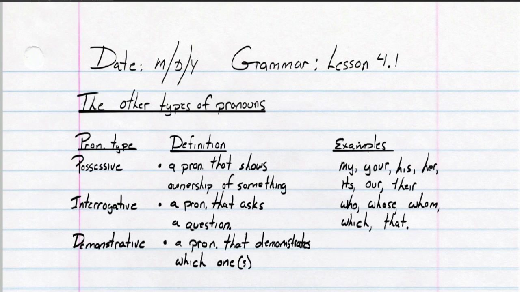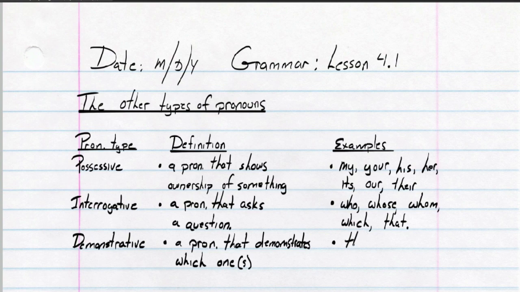Now we can see here underneath examples that our examples are getting a little tied up and they're starting to blur together a little bit. So again, I want to put bullets outside the beginning of each set of examples, saving paper and at the same time making our notes easier to read. Examples here of demonstrative pronouns.